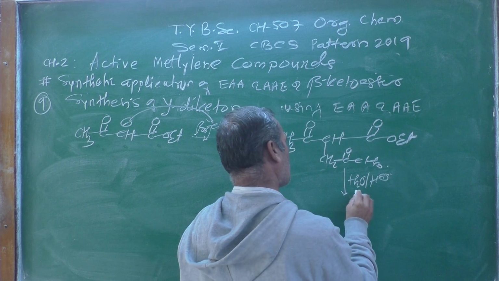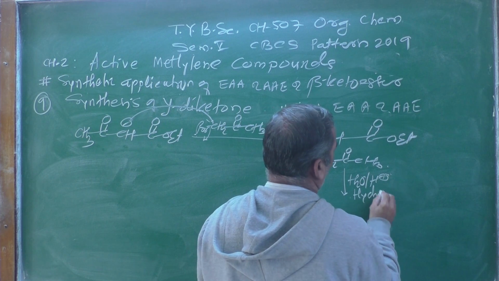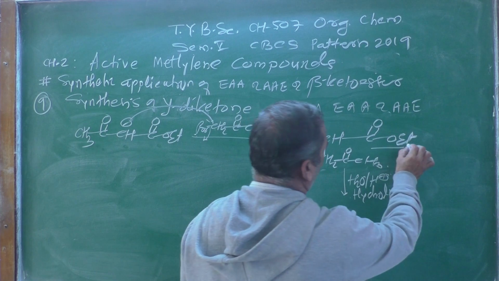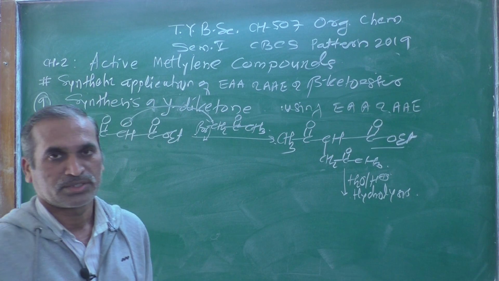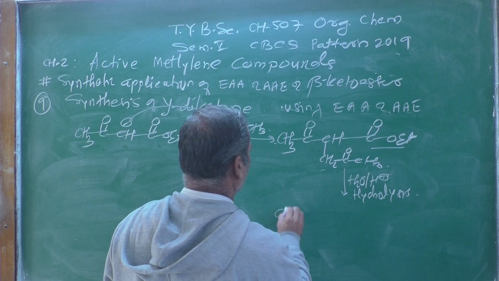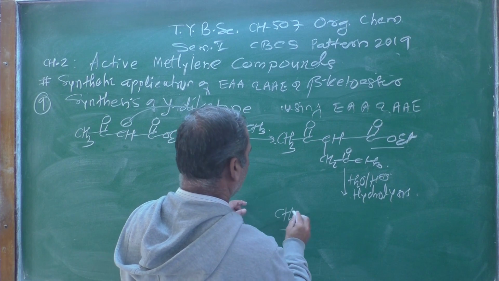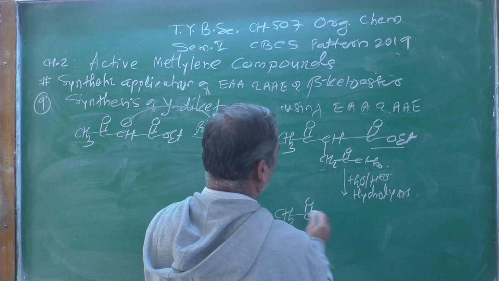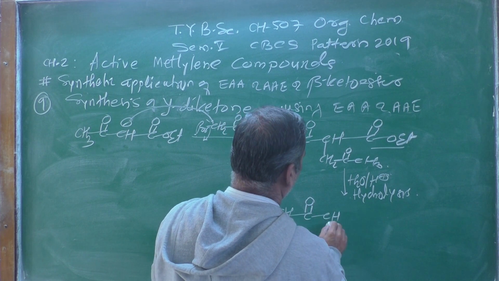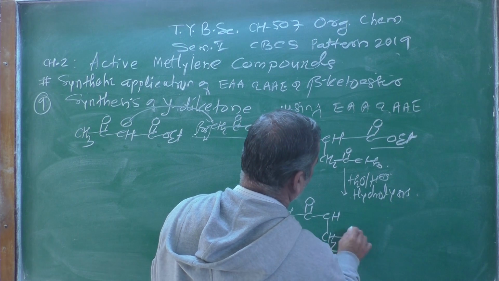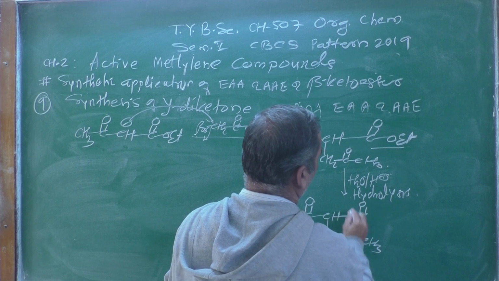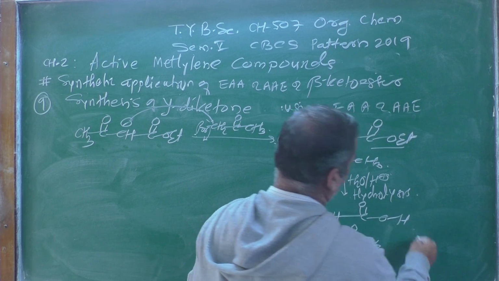This process is known as hydrolysis. And after the hydrolysis, what happens? The ester group gets converted into acid. That's it. And you end up with the molecule CH3, C double bond O, CH, then CH2, C double bond O, CH3, and here C double bond O, then OH.